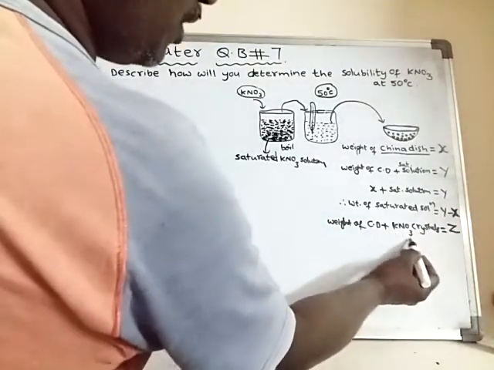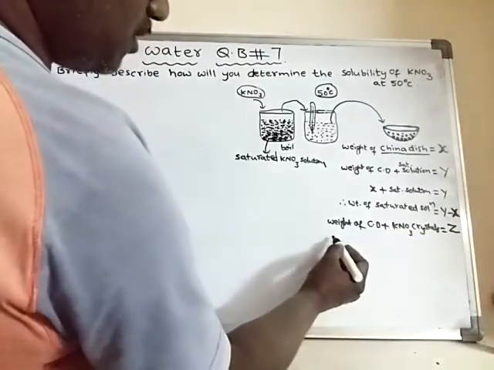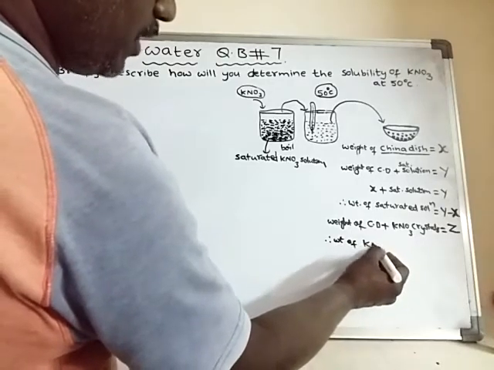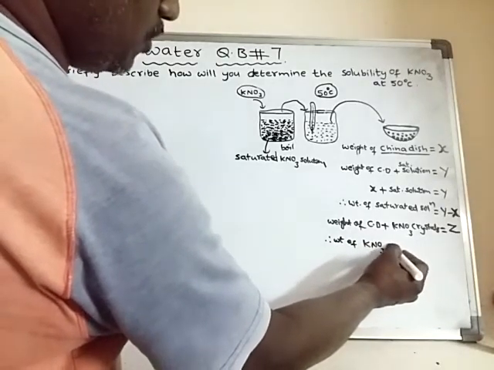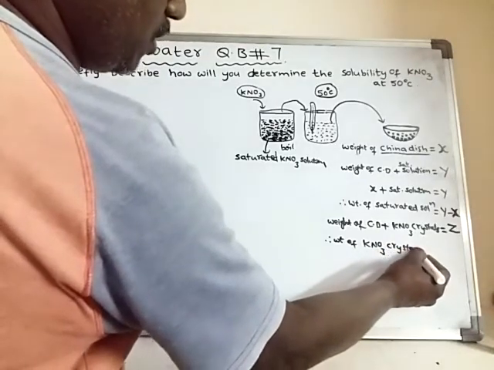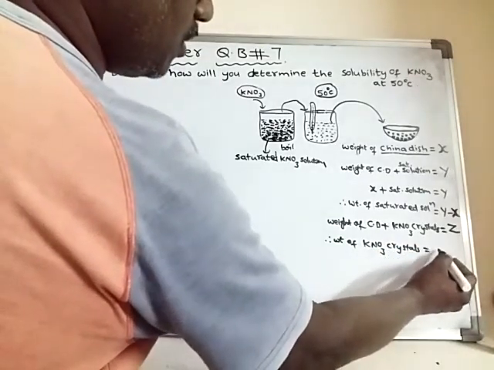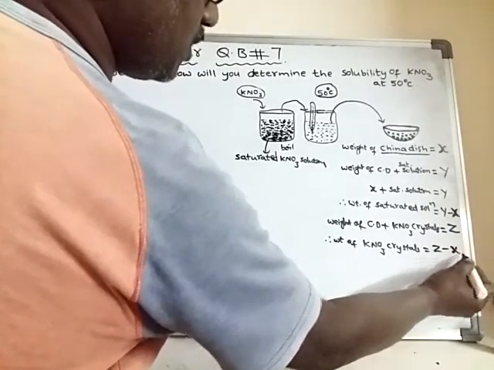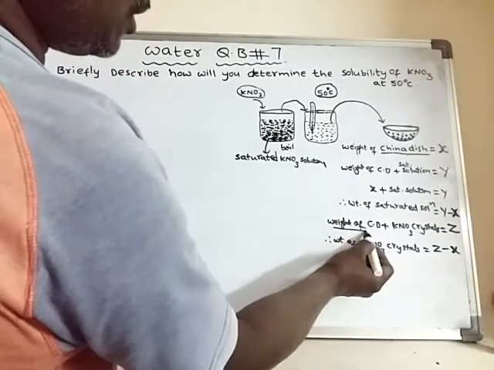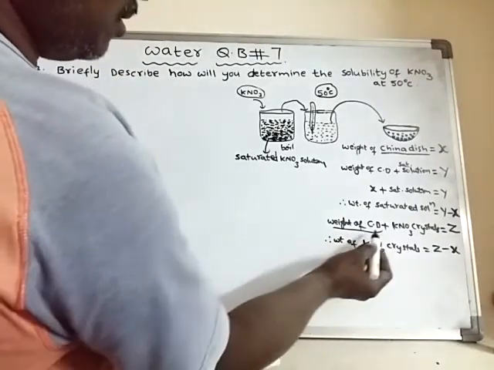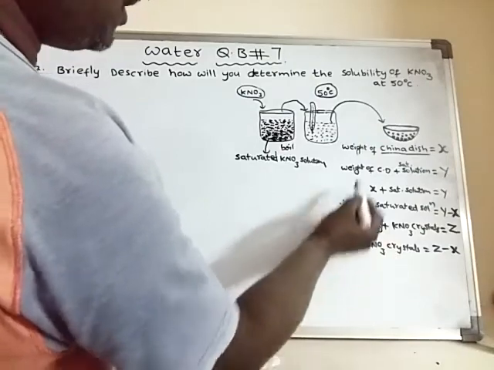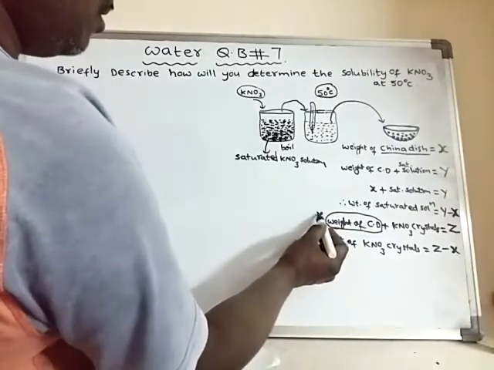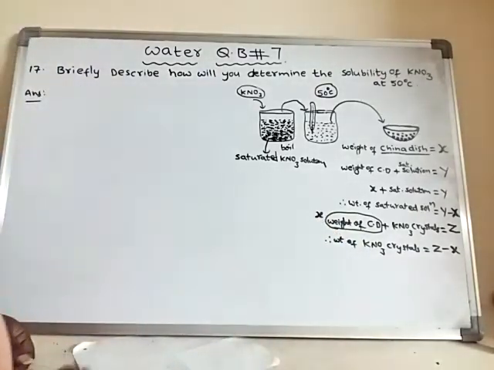Then what is the weight of potassium nitrate crystals? Therefore, the weight of KNO3 crystals will be equal to Z minus X, because the weight of China dish is nothing but X. The weight of China dish is equal to X. Already we got it, at the beginning only we know.